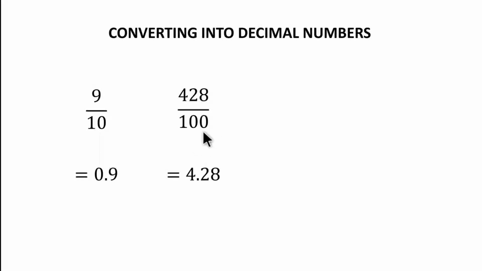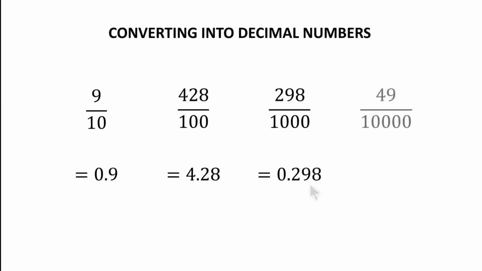There are 2 zeros down there, so 1 and 2, we'll put the point over here, so 4.28. 298 by 1000 becomes 0.298. 3 zeros, so 1, 2 and 3, put a point over here, 0.298. And 49 by 10,000 becomes 0.0049. So 2 digits, put 4 and 9, and put 2 more zeros over here because it needs to be equal to 4 decimal places. So 0.0049 becomes the required decimal number.